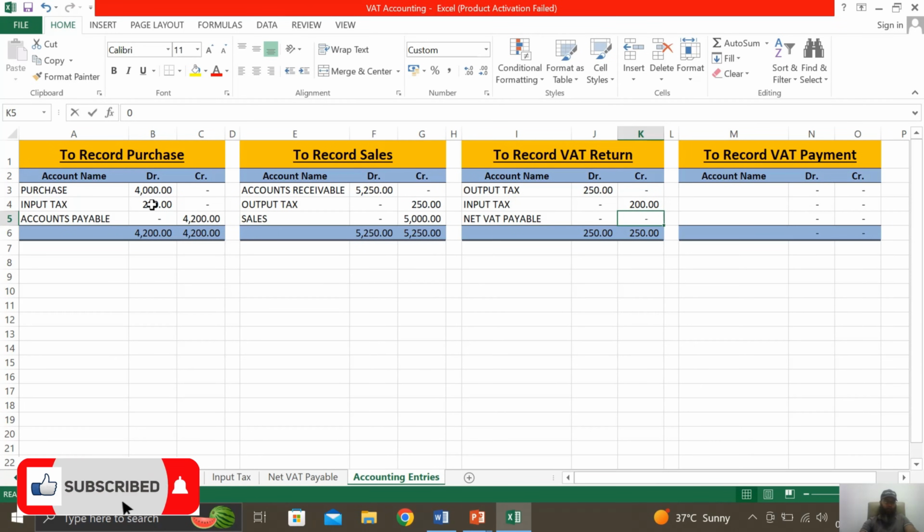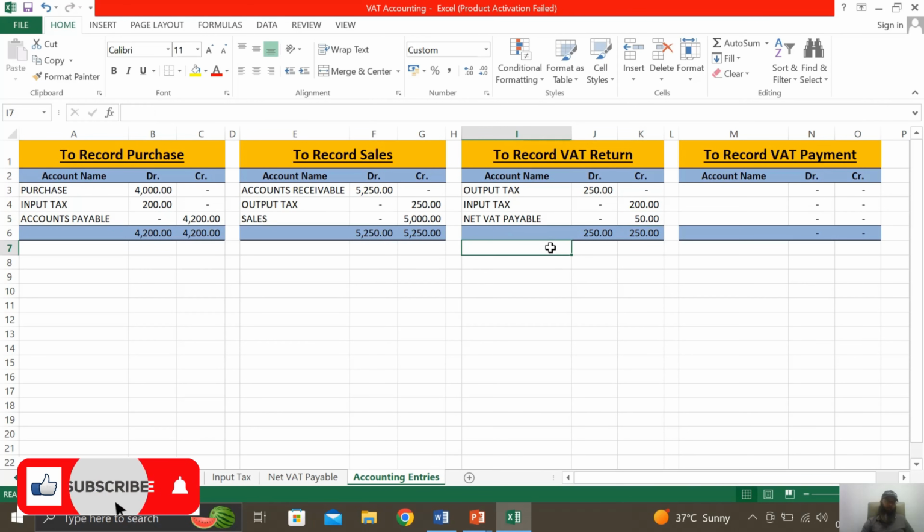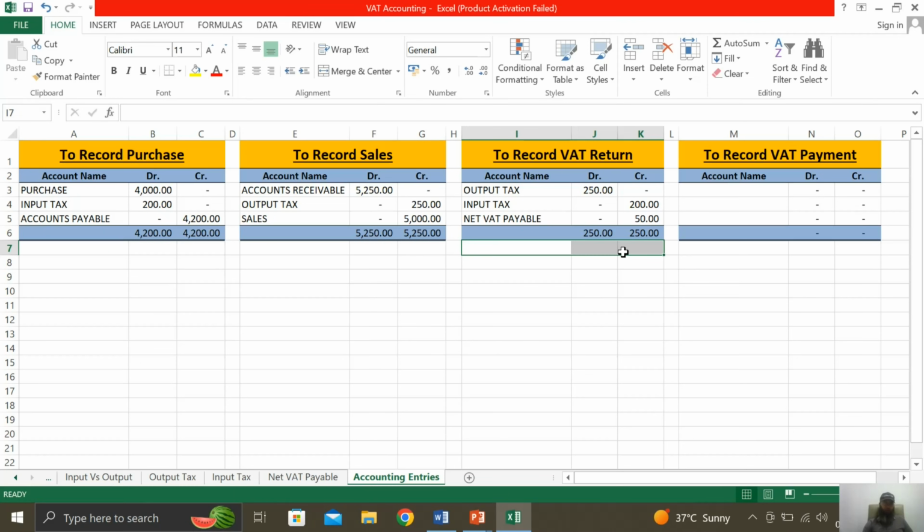So the remaining balance of 250 minus 200, 50 dirham, is your net VAT payable. You will give the description that this is my VAT return for the period from 1st of July 2022 to till now.